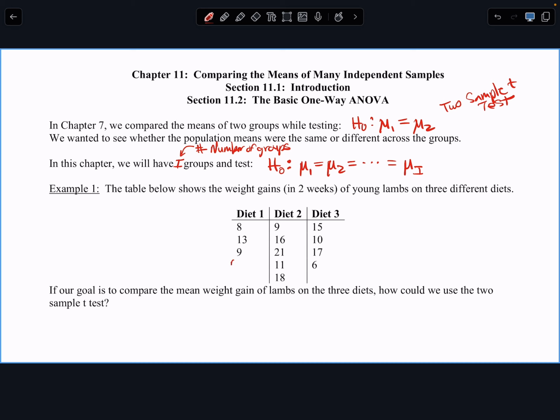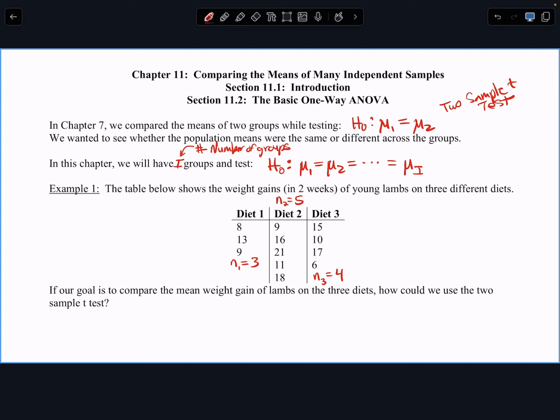That means our sample size in this group equals 3. And since they call that diet 1, I'm going to use N with a subscript to notate the group. That size is 3. There are 5 lambs in that second group, so N sub 2 equals 5. And then there's 4 here. N sub 3 equals 4.